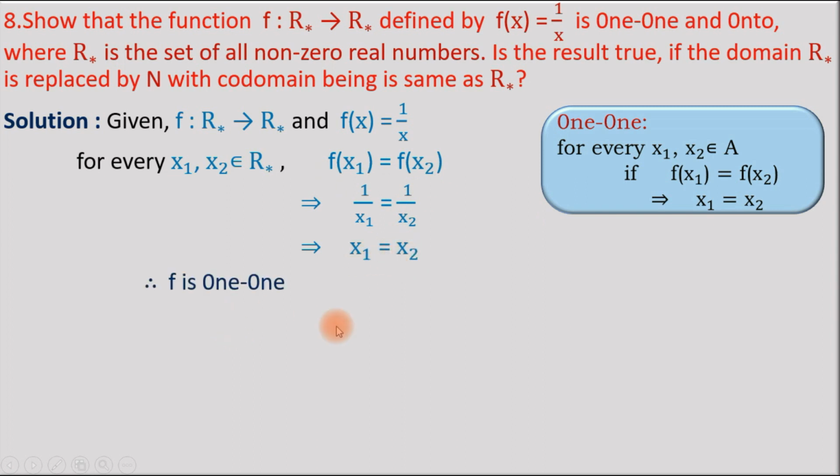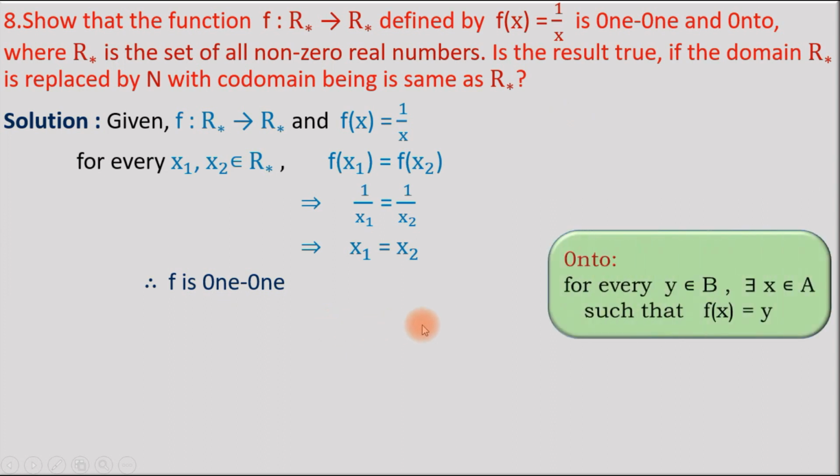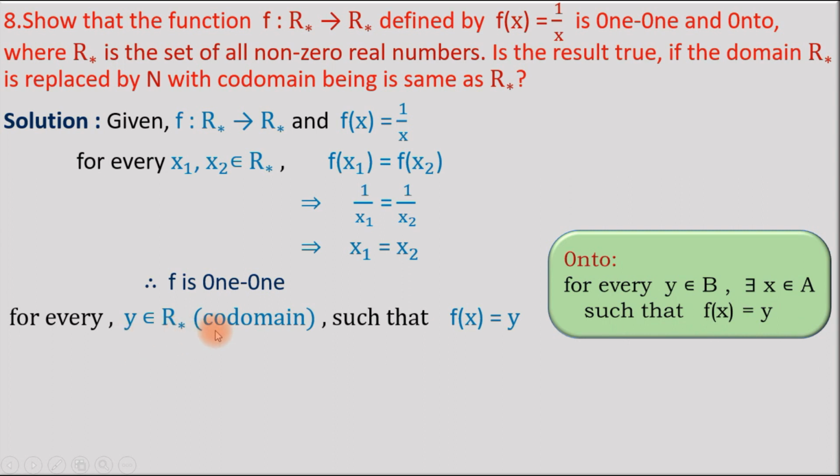To show that this function is onto, take the condition of an onto function. For every y belongs to B codomain, there exists x belongs to A domain such that f of x equals y. For every y belongs to R star codomain such that f of x equals y, we need to prove that x belongs to A domain.